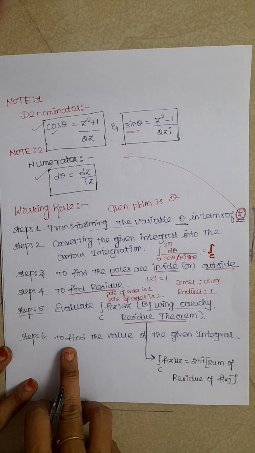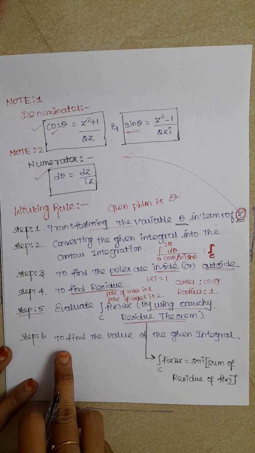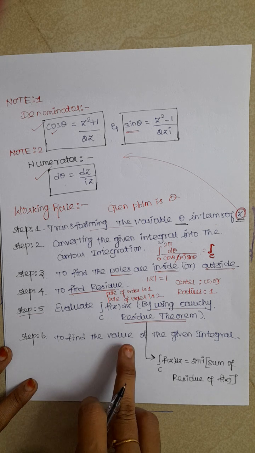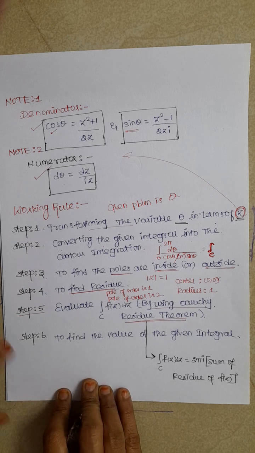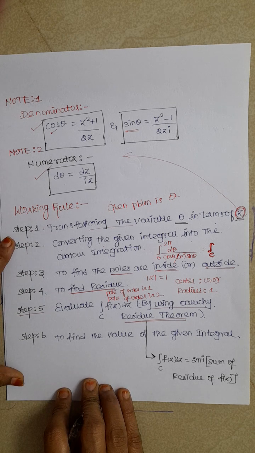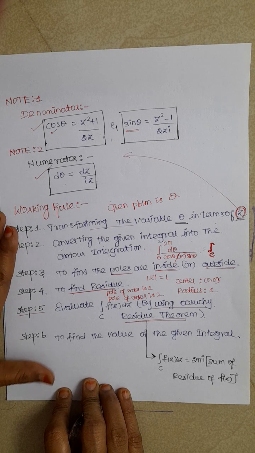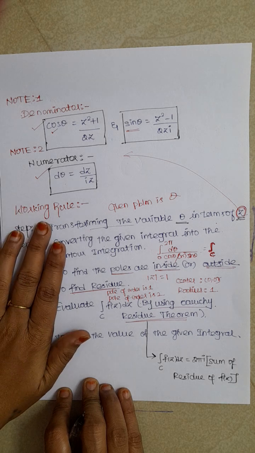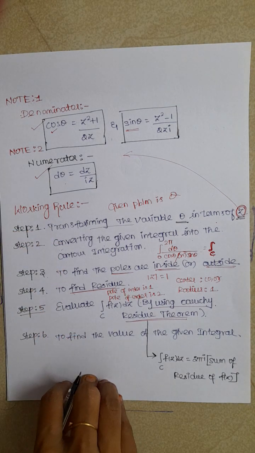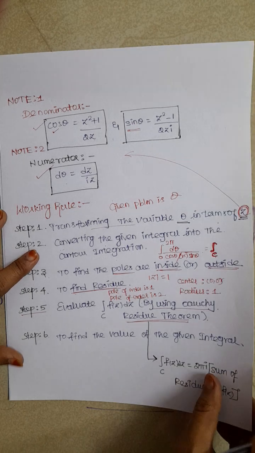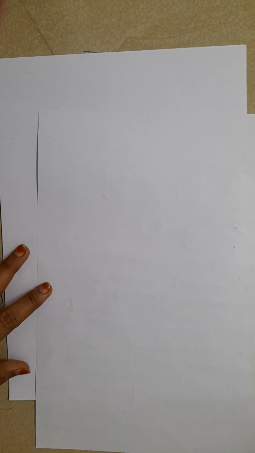Okay. Last one, step number 6, to find the value of the given integral. So you can solve the problem by using the working rule. We find the solution easily. Okay. So let's solve the first problem. Problem number 1.